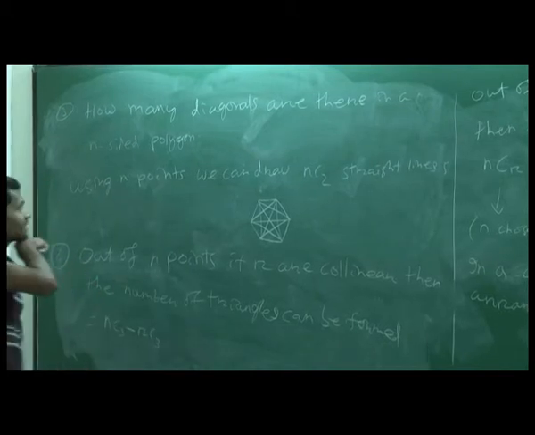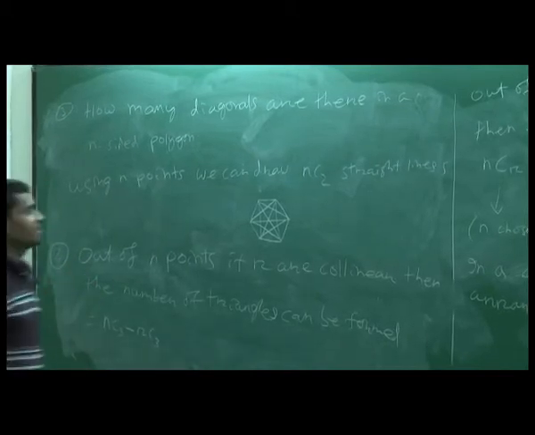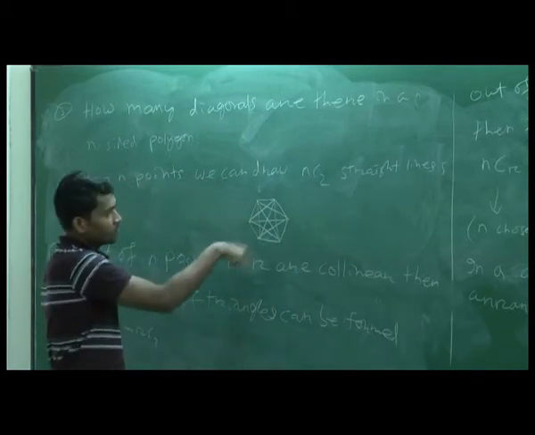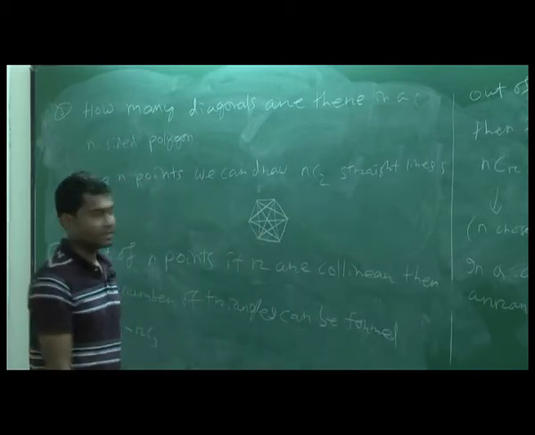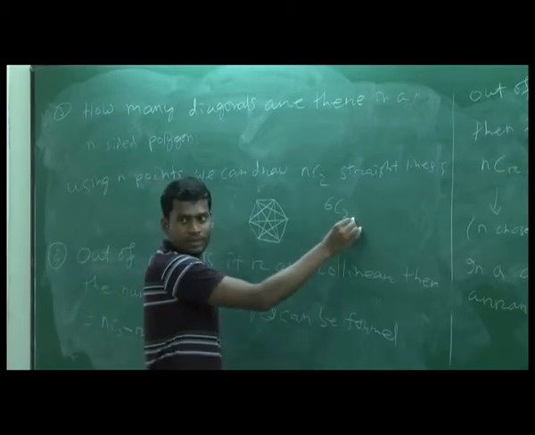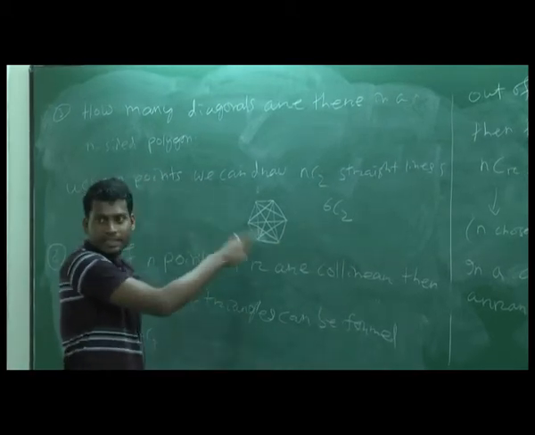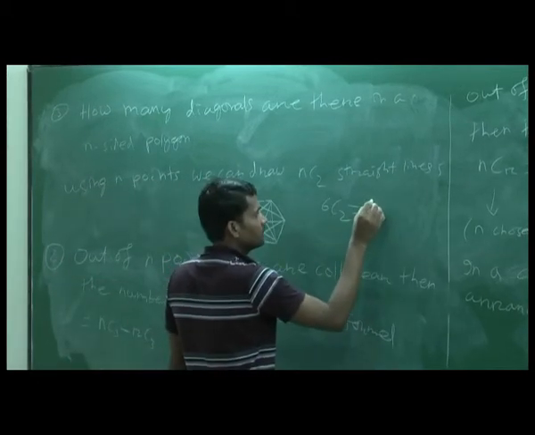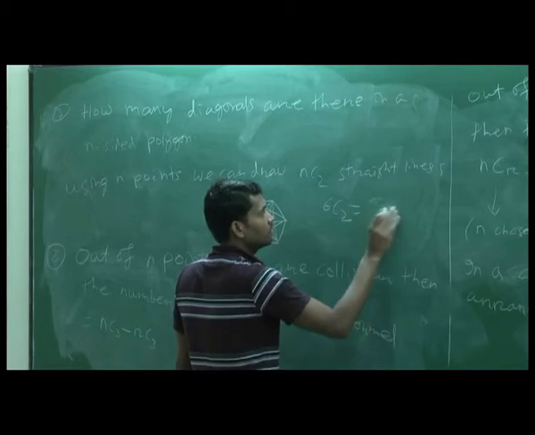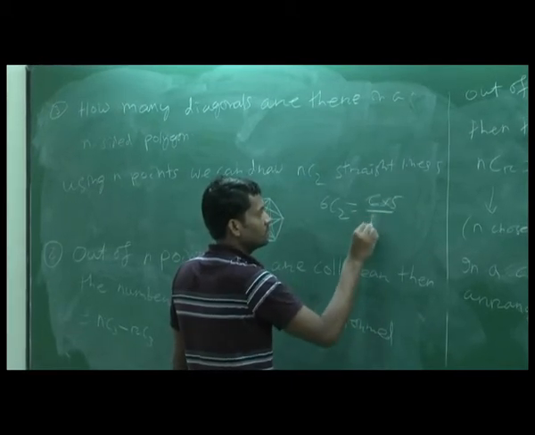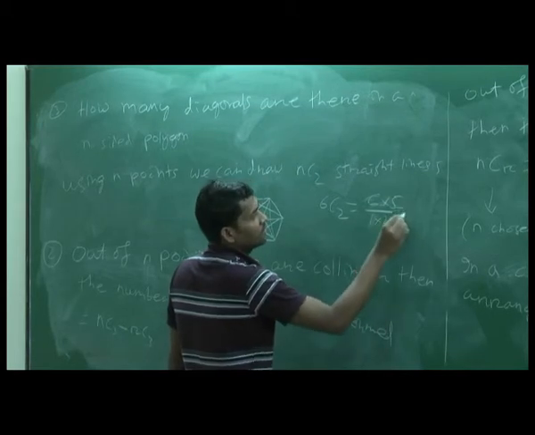So how many are there? 9. Okay, so if you count the total number of lines, including both sides and diagonals, there will be 6C2, which is 15.